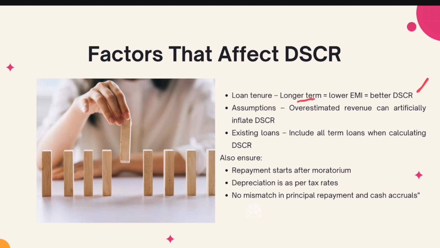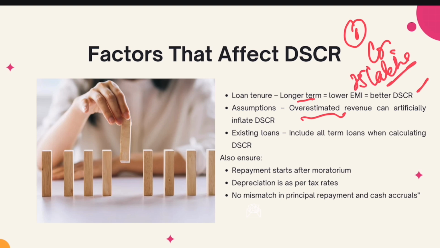Overestimated revenue can artificially inflate DSCR. Suppose this year the turnover is 1 crore, and now after taking a loan of suppose say 25 lakhs, the company says my turnover will go to 5 crore next year. This is overestimated revenue, right? And this will definitely inflate your DSCR.